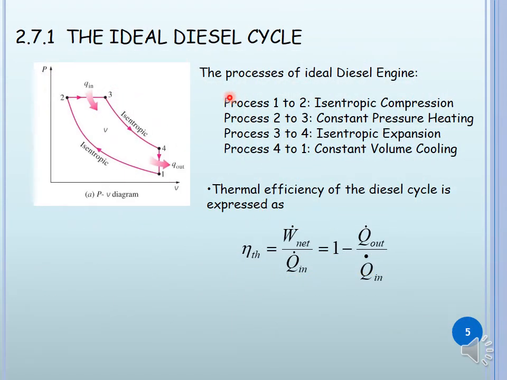And therefore, the ideal diesel engine consists of four processes. One is isentropic compression from 1 to 2, and then from 2 to 3 is constant pressure heat addition, and 3 to 4 is isentropic expansion, and the last one is process 4 to 1, constant volume heat rejection or cooling.